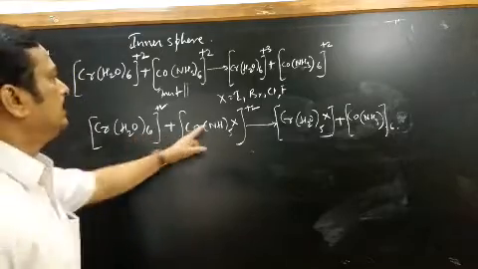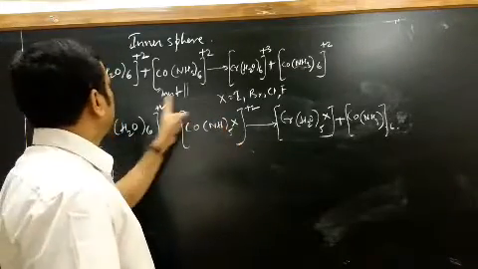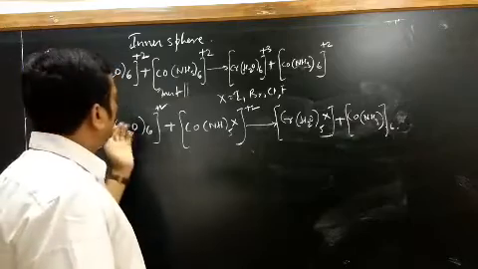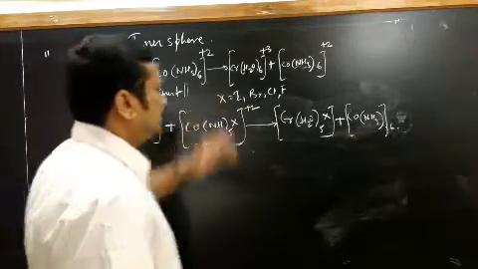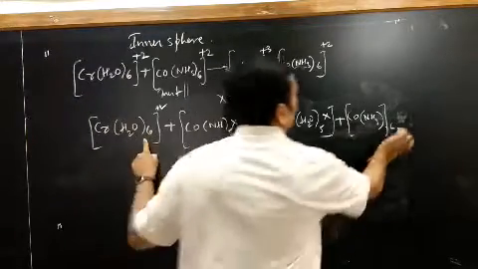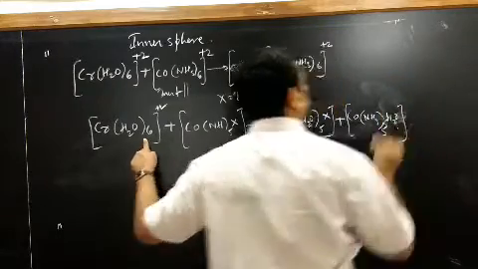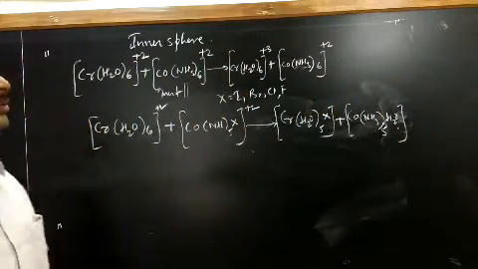You see, this halide is introduced into this, and one of the H2O is coming here. One of the H2O is going to be introduced like this. This is how we are going to have it.